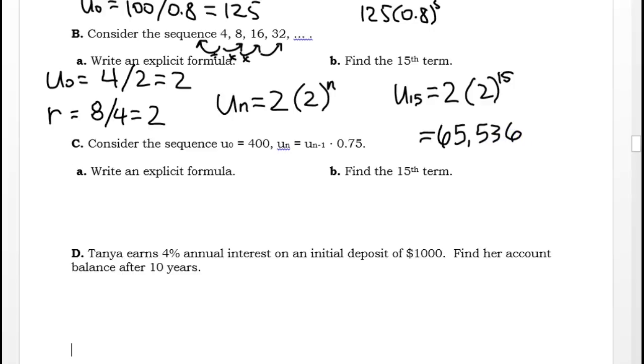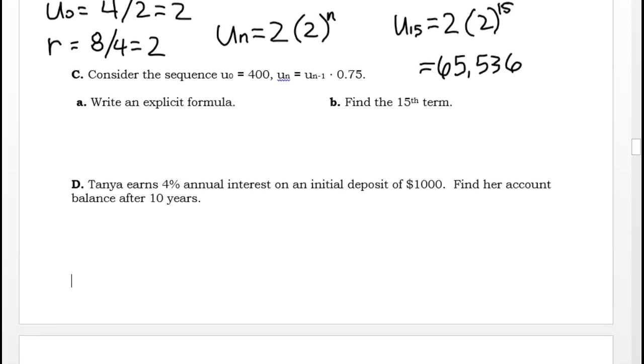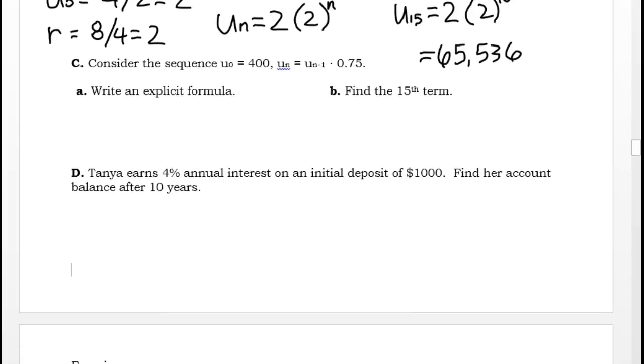Example C says, consider the sequence u sub 0 equals 400, u sub n equals u sub n minus 1 times 0.75. Write an explicit formula. So I already know what I need to do this one. The recursive formula just tells me u0, and the recursive formula also just tells me r.